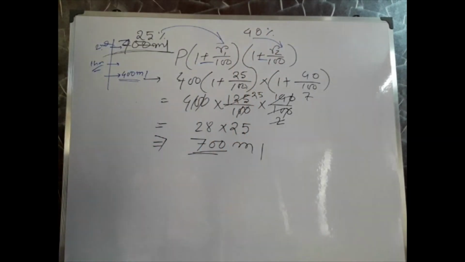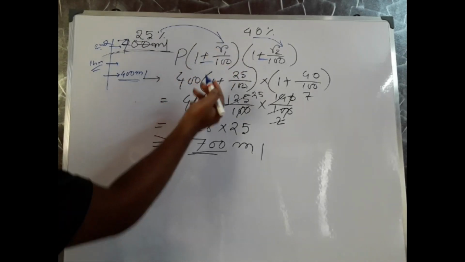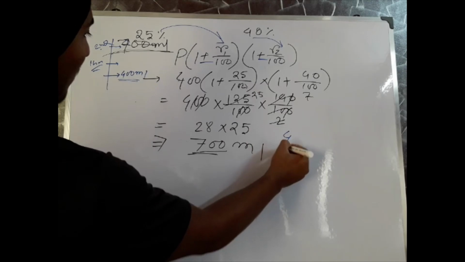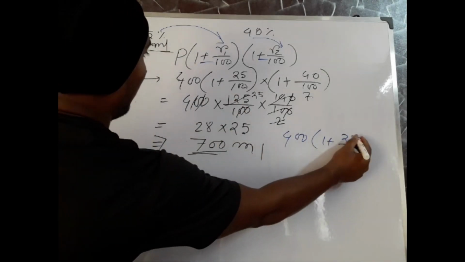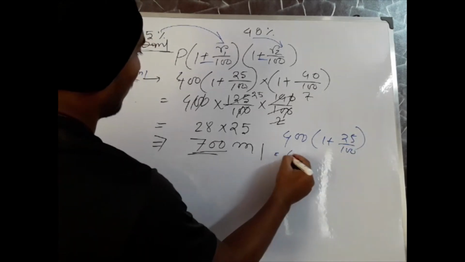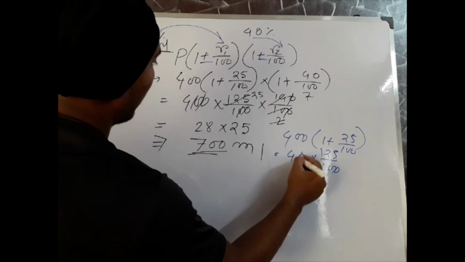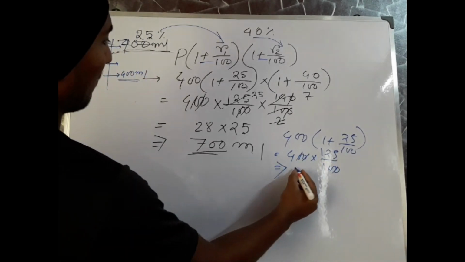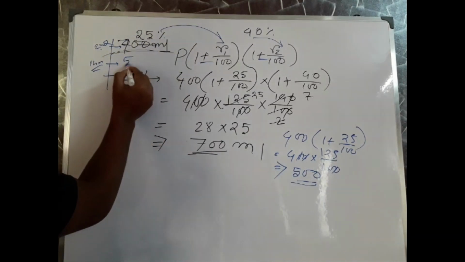If you want to determine after 1 hour or 1 year, use this only: 400 into 1 plus 25 by 100, that is 400 into 125 by 100, which is exactly 500. So put 500 here.